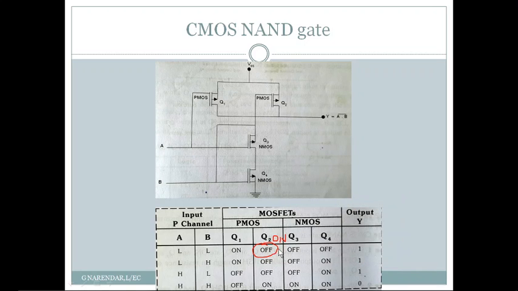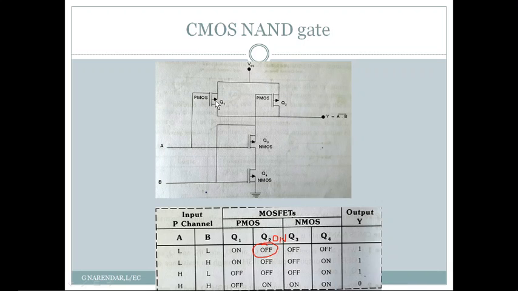Both Q1 and Q2 are on, and when the gate signal is low, when A and B are low, both N MOSFETs are off. So Q3 and Q4 are off. So in this case, the output is pulled high by the on resistances of the PMOS Q1 and Q2.